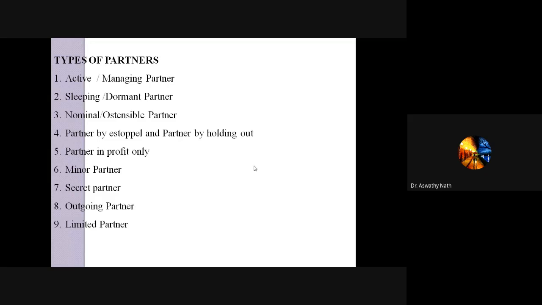So, in the case of a partner by holding out, both the firm and that person knowingly allow others to think that he is a partner in the firm. But in the case of a partner by estoppel, only through the behavior of the person do others think that he is a partner in the firm. So that is the difference between partner by estoppel and partner by holding out.